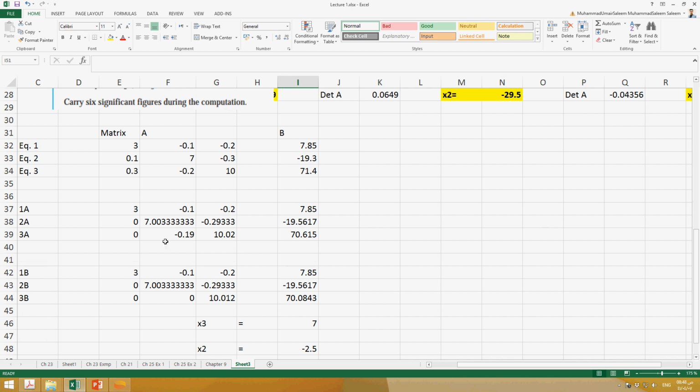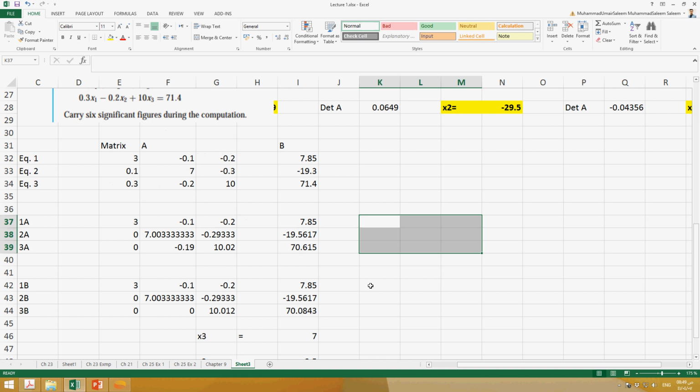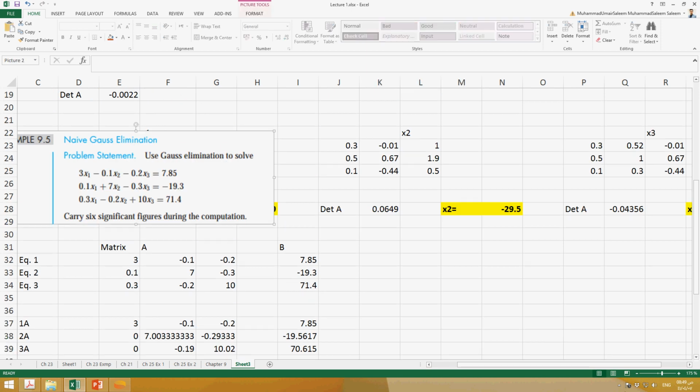We will convert this matrix into an identity matrix like this one by using the same technique that we have just studied. And we will get the solution directly. Let's solve the same example by the Gauss-Jordan method.